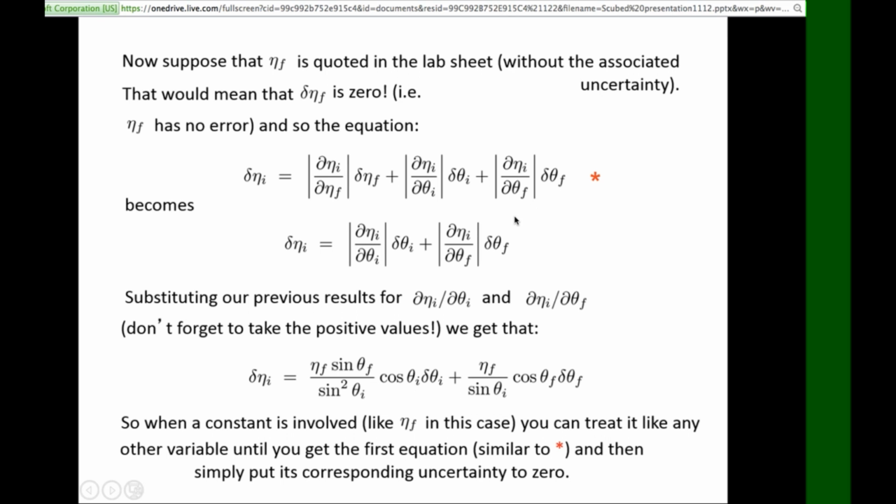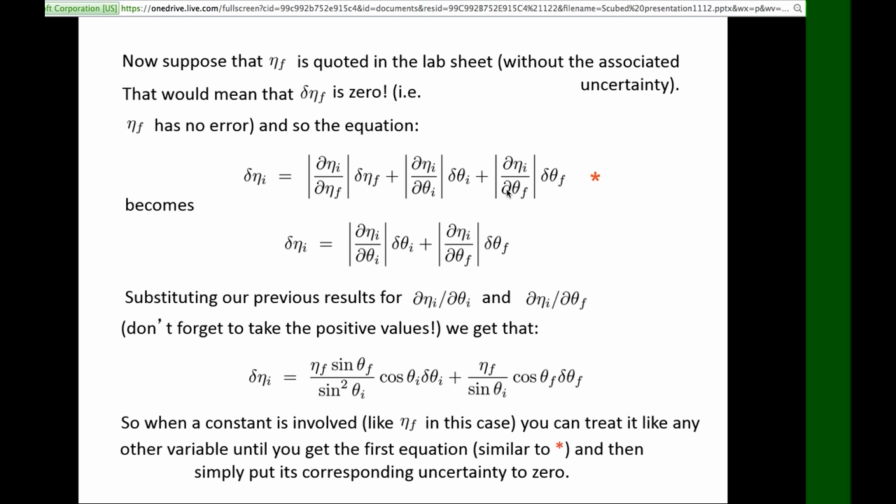Another important thing to note is that when I say a constant, bear in mind that it doesn't mean that if you have a constant, it's free of errors. So the thing to bear in mind is that when you have a constant, like for instance in this case we had eta f, the first thing to do is to treat it like you would any other variable and include its error term. For instance here we included partial eta I by partial theta f, delta theta f, and then just put in this case delta theta f to 0.